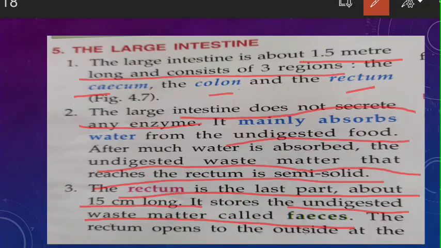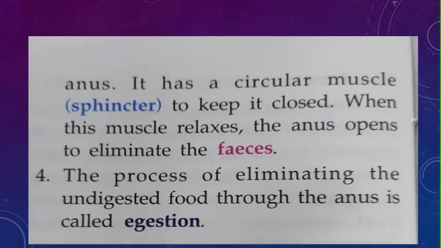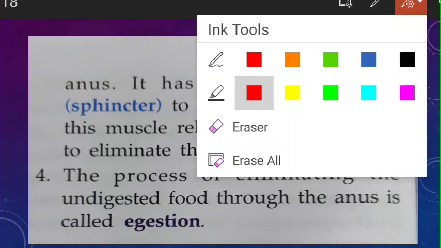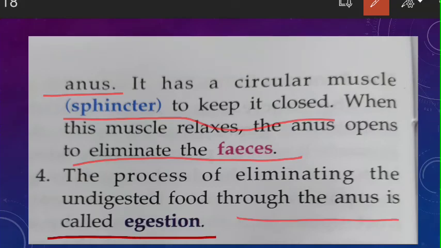The rectum opens to the outside at the anus. It has a circular muscle called a sphincter to keep it closed. When this muscle relaxes, the anus opens to eliminate the feces. And the process of eliminating the undigested food through the anus is called what?